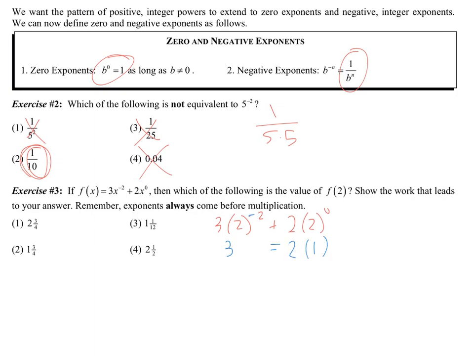But then it becomes 3 times 1 over 2 squared. And this is adding, so it's adding 2. Well, 1 over 2 squared becomes 1 over 4. 3 times 1 over 4 is 3/4. Well, 3/4 plus 2 has to be the first one, 2 3/4.